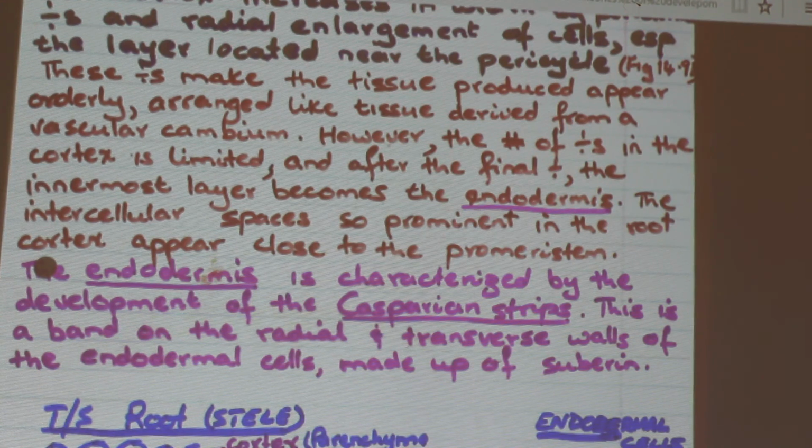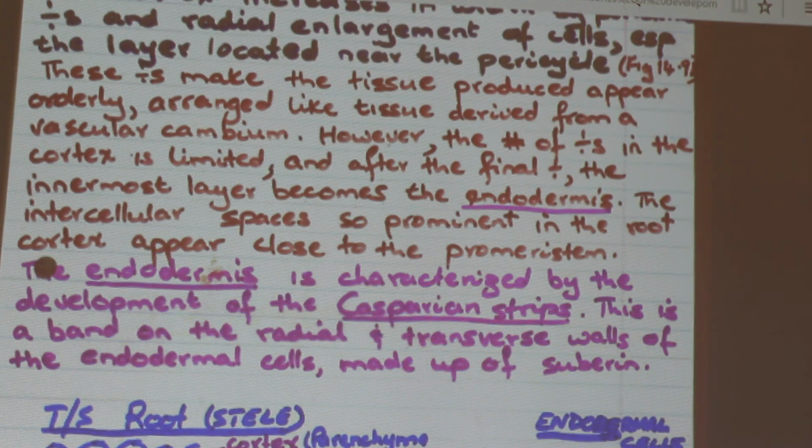Remember, you met these cells in pine in the leaf. They are the same cells. They are characterized by the Casparian strip, a strip made of suberin, which is water resistant.